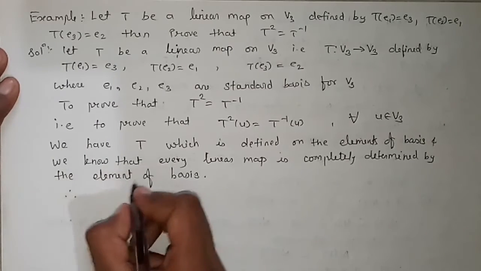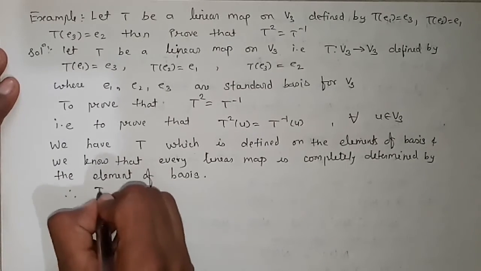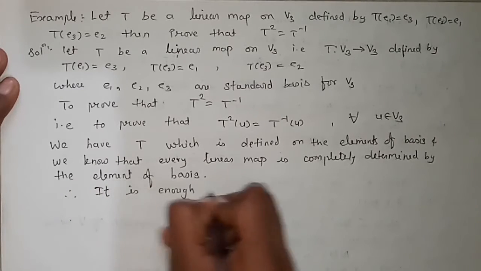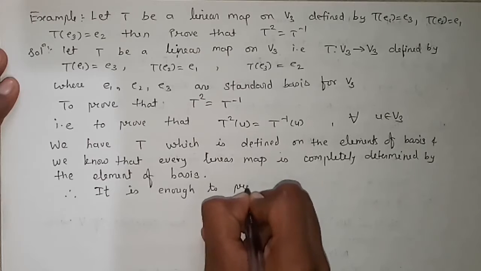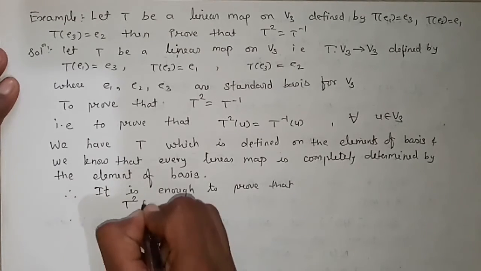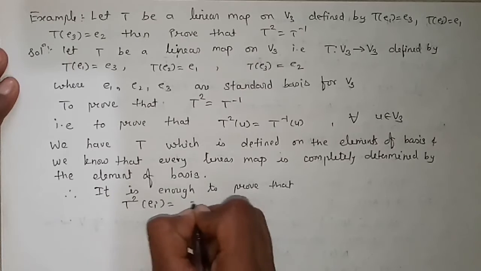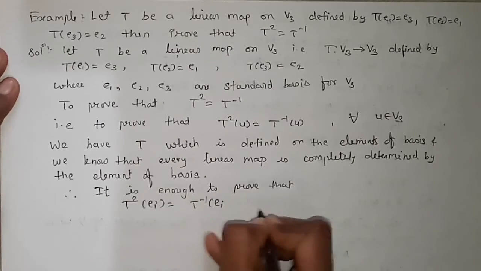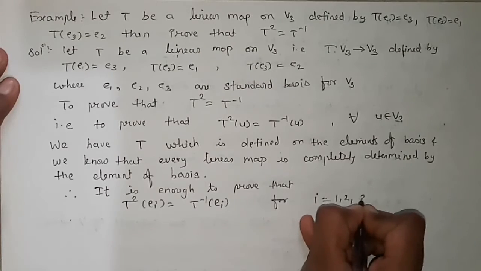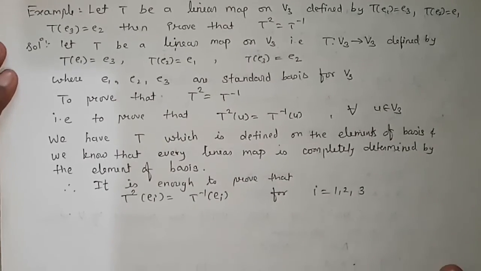Therefore, it is enough to prove that T square of EI is equal to T inverse of EI for I is equal to 1, 2, 3. So we will prove this.